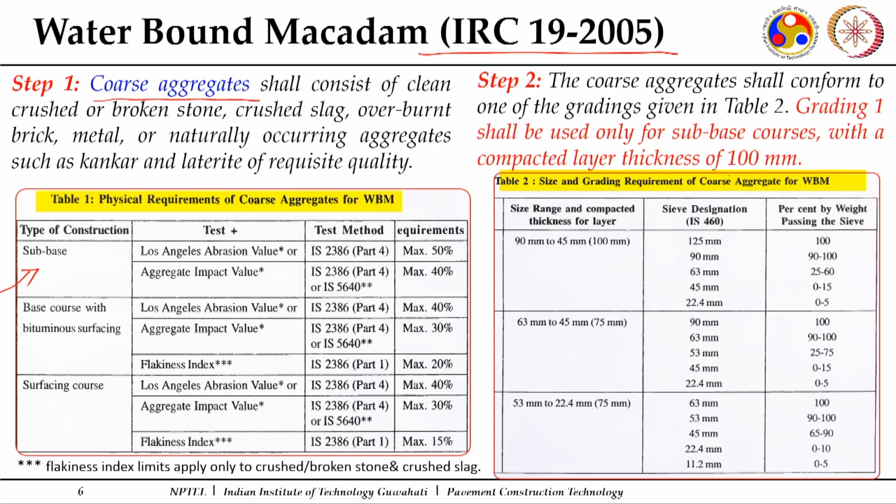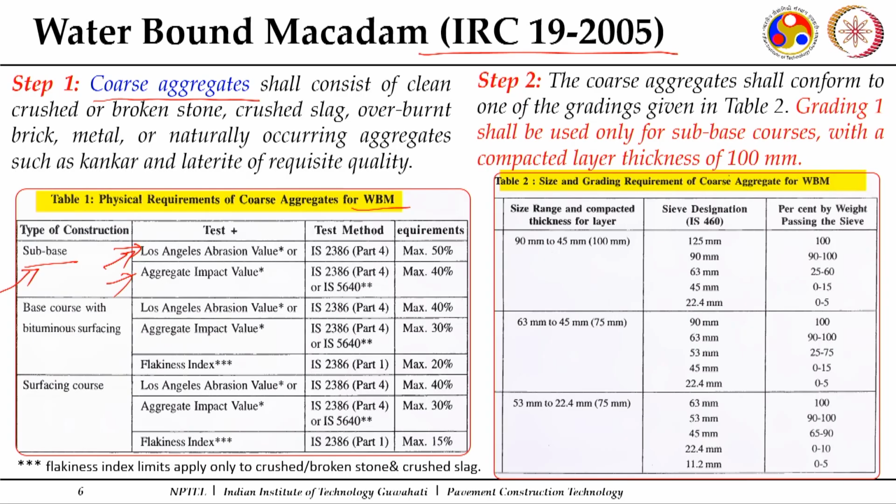Now, here it says that if a waterbound macadam course or mix is used as a sub-base course, then for the requirements, either the Los Angeles abrasion value or the aggregate impact value can be conducted, and if a choice is given to us, preferably go for the Los Angeles abrasion value.